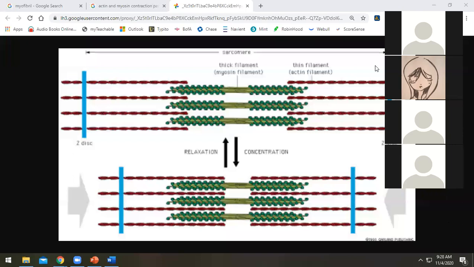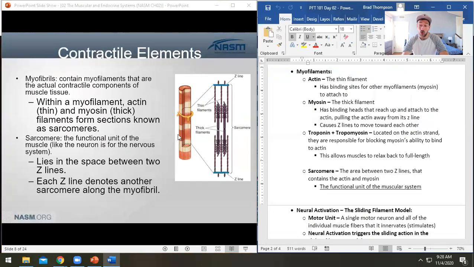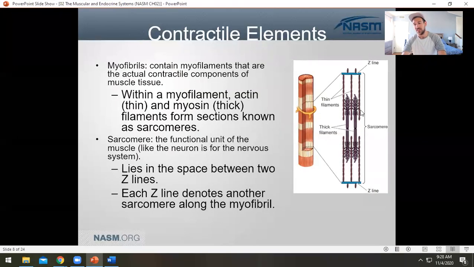Awesome. All right, so what we're talking about right now is how in an individual muscle cell, when you zoom all the way in, you will see these really cool special little proteins, arranged like this. They're called actin and myosin.